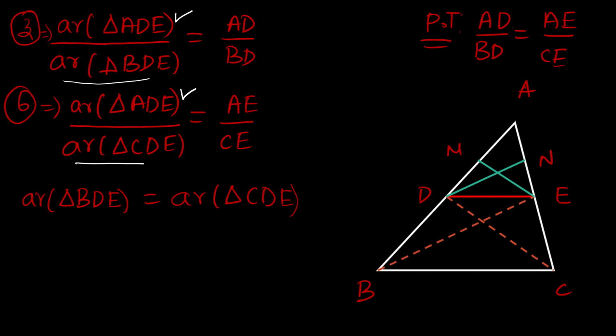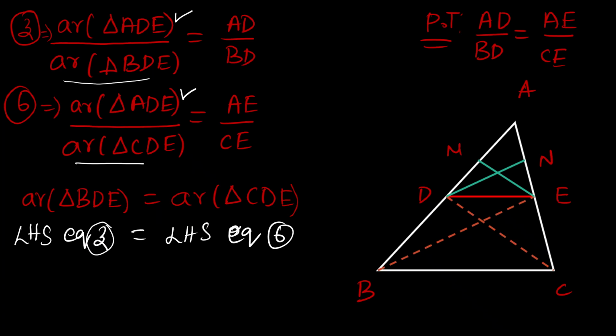So the LHS of equation 3 is equal to the LHS of equation 6. If both sides' LHS are equal, their respective RHS will also be equal. Which makes AD by BD equal to AE by CE.